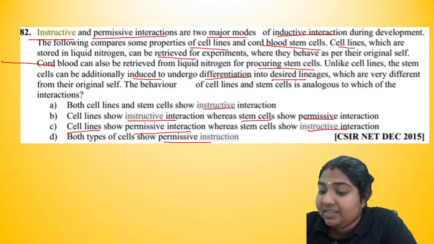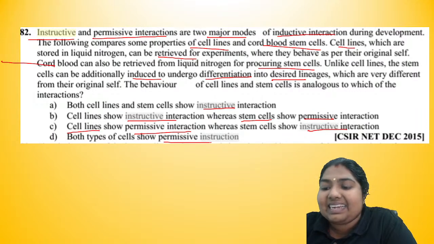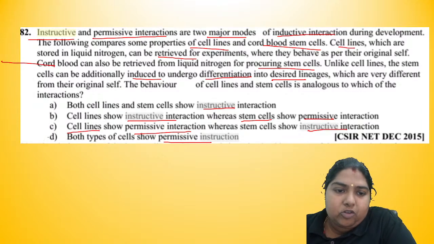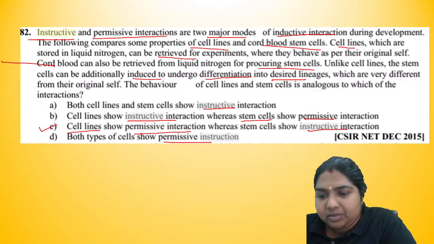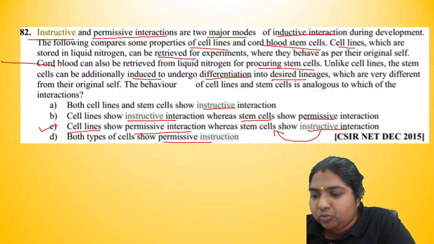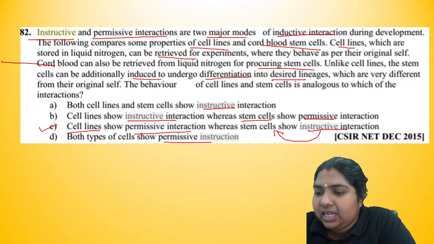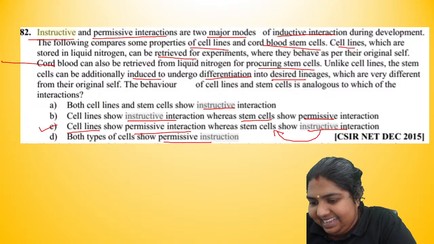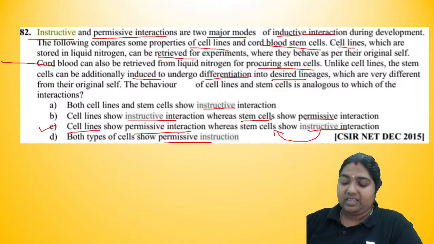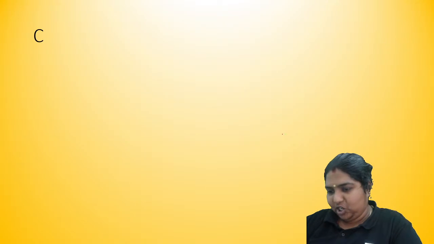Fantastic, guys. Yes, everybody. The cell lines are permissive, but stem cells have all the instruction within. You are 100% right. So C is the correct answer for this question.